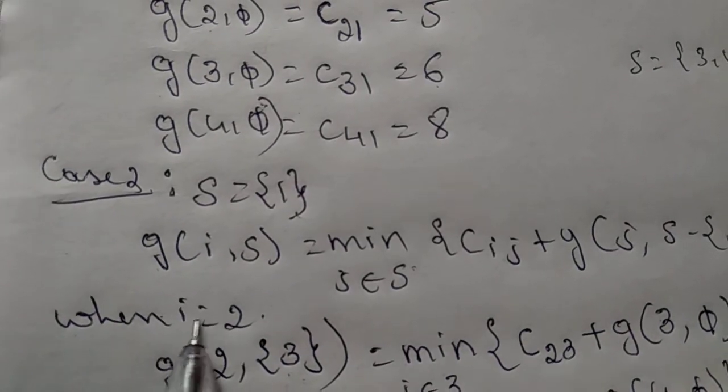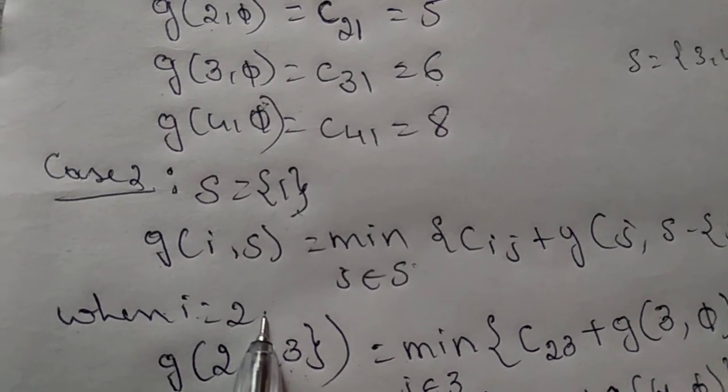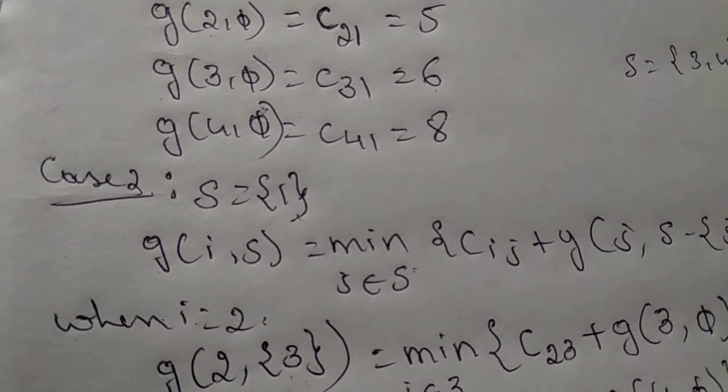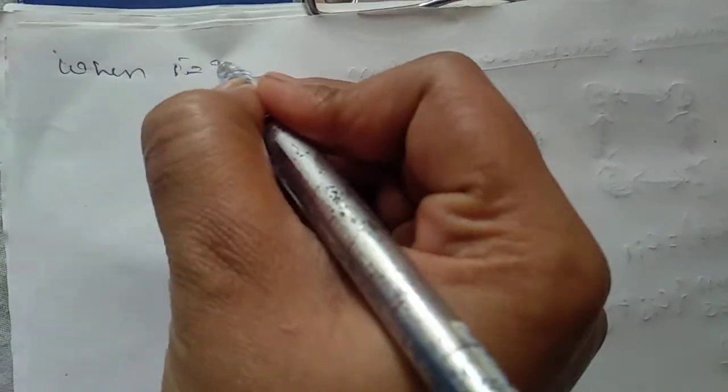Now, what you have to do? You have to take i is equal to 3 and check. We have checked for i is equal to 2. Now you have to check for i is equal to 3.